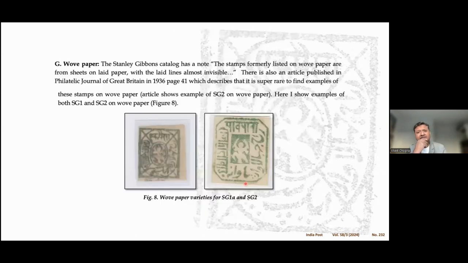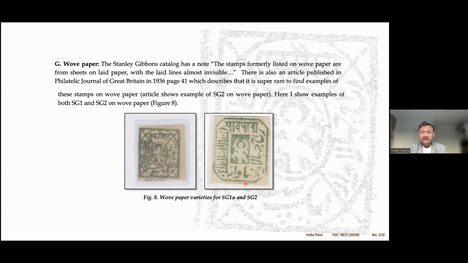The other variety, which Stanley Gibbons has a note on in the catalog, says that the stamps formerly listed on wove paper are from sheets on laid paper with the laid lines almost invisible. But I don't fully agree with this, because you can see against the light that it is definitely wove.